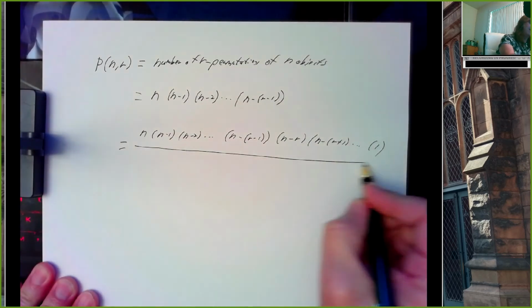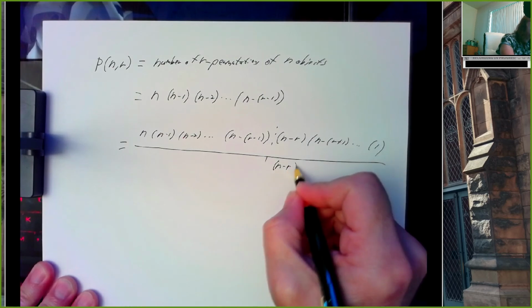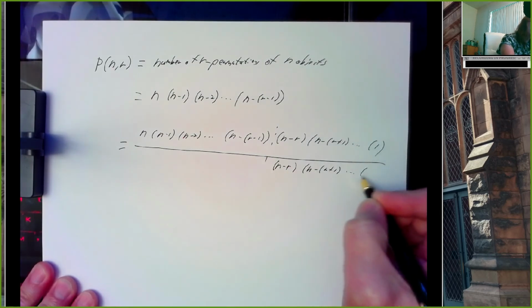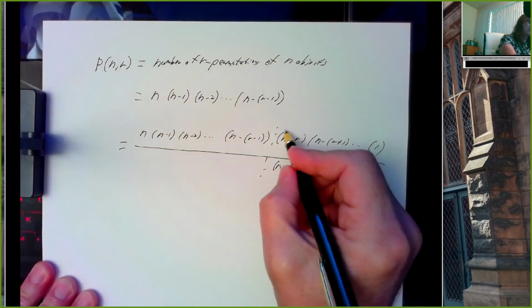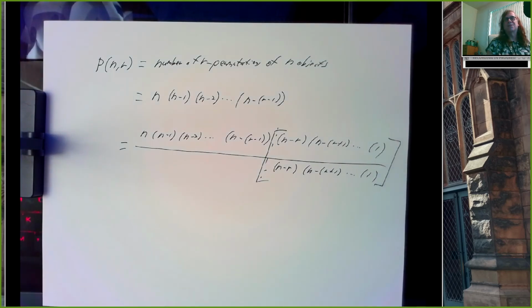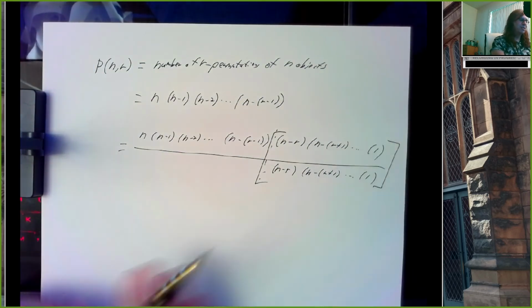And if we divide by this extra stuff, n minus r, n minus r minus 1, down to 1, I've taken this thing and multiplied it by 1. Remember, we mentioned sometimes it's useful to multiply things by 1 or add 0 if you come up with a clever way of writing 1 or 0. So here we're writing 1 as just this over this.